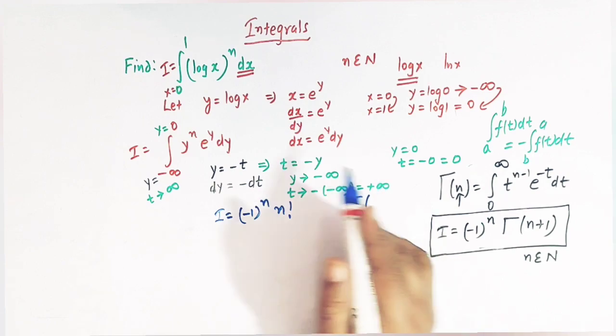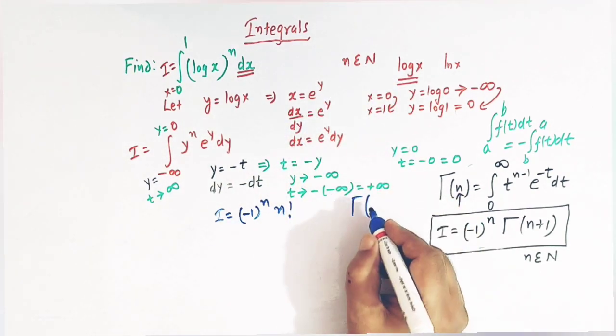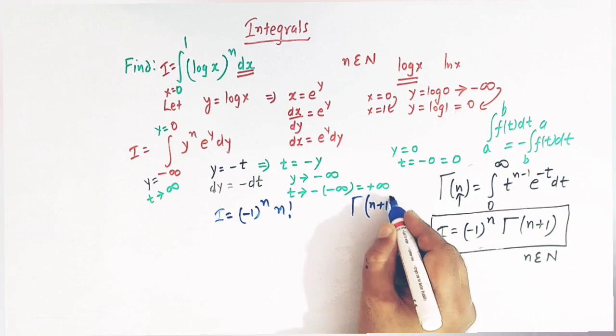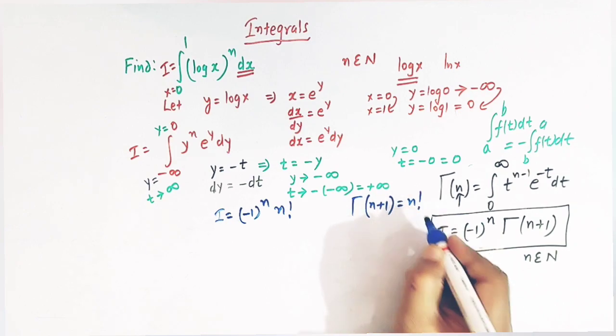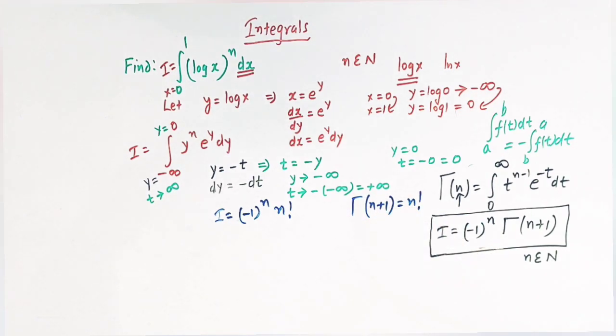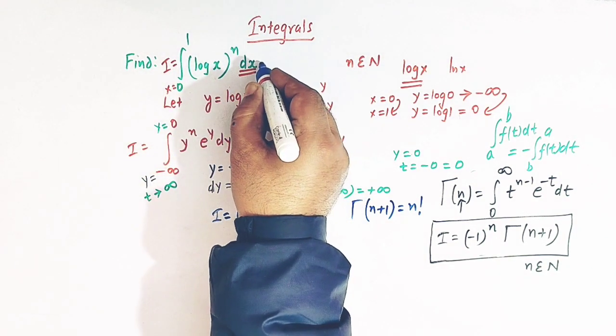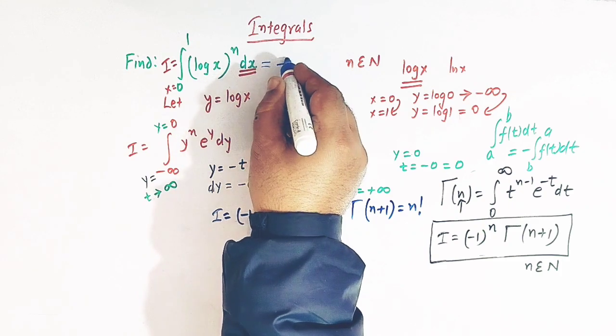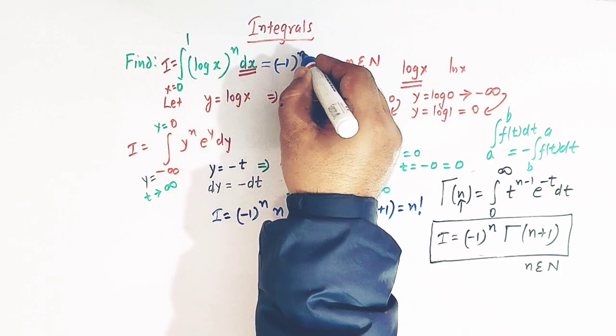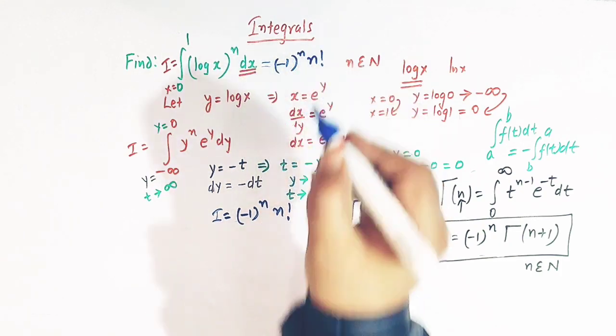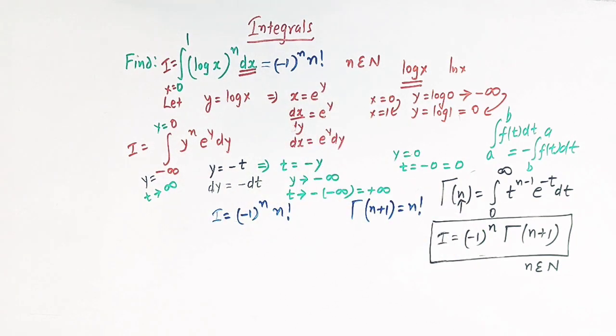Because when n is a natural number, then gamma of n plus 1 is equal to n factorial, right? So now we can write the value of this integral equal to minus 1 raised to n and factorial n, where n belongs to the set of natural numbers.